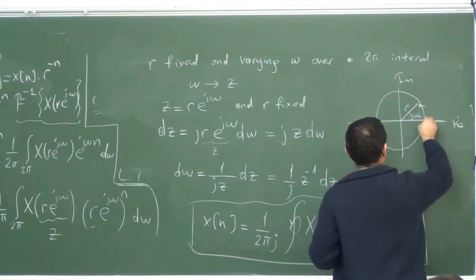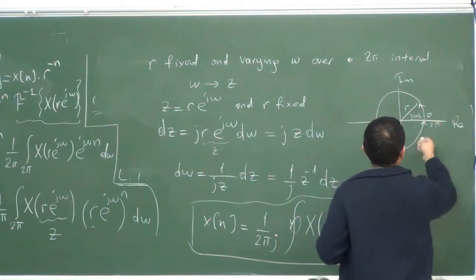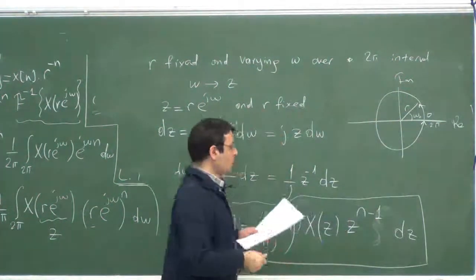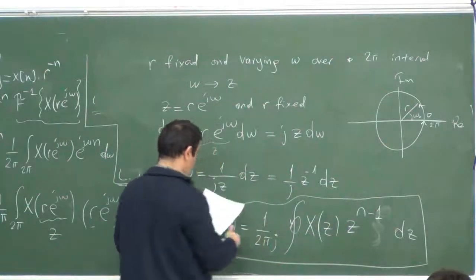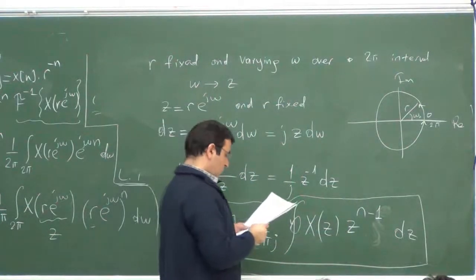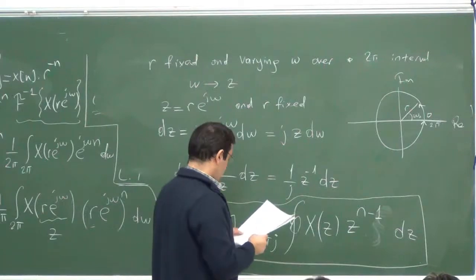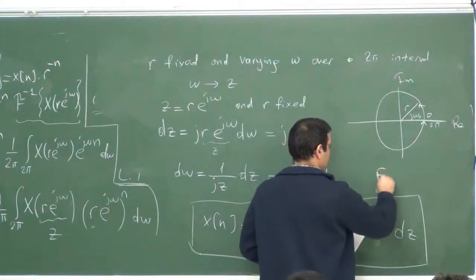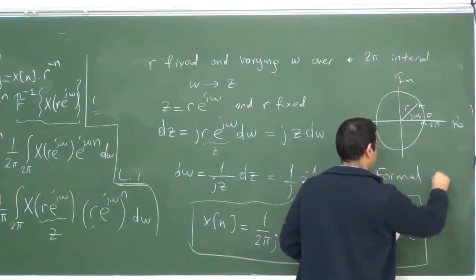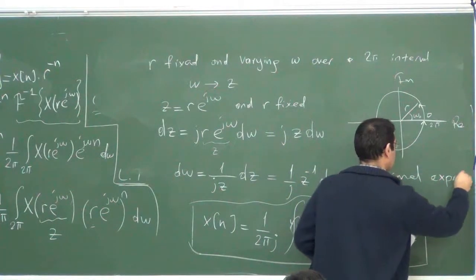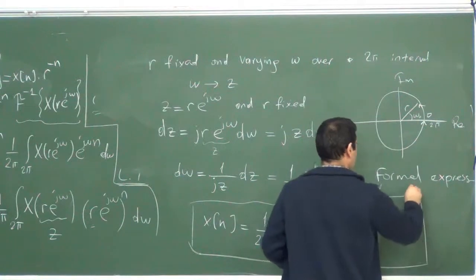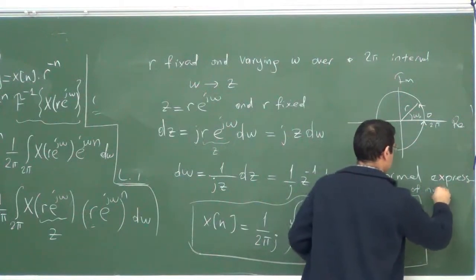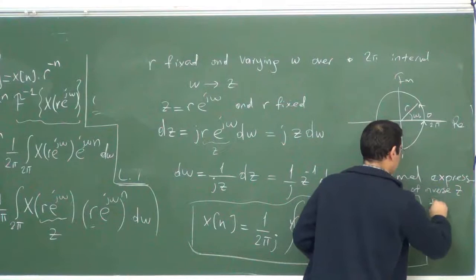So it means that from 0 to 2 pi, a full circle in this case, okay? So this is the formal expression for the inverse Z transform.